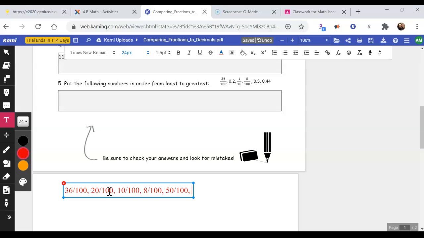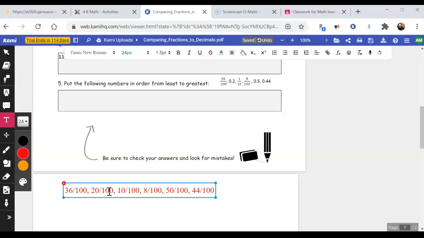Then our last number is 0.44, which is 44 hundredths. To put it in fraction form, it is 44 over 100.